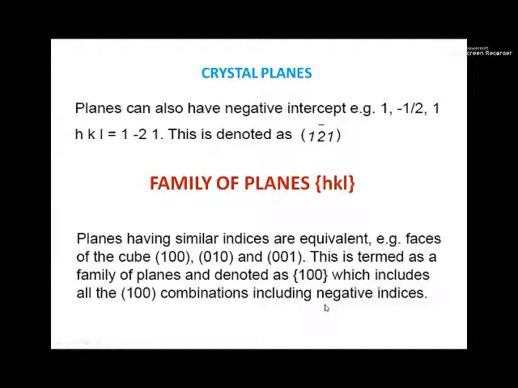Okay, so this includes all 3 planes of a cube, and other combinations which contain negatives, obviously 1 bar. If you take 1 bar 0 0, 0 1 bar 0, and 0 0 1 bar, that is also included in this family of planes of 1 0 0.